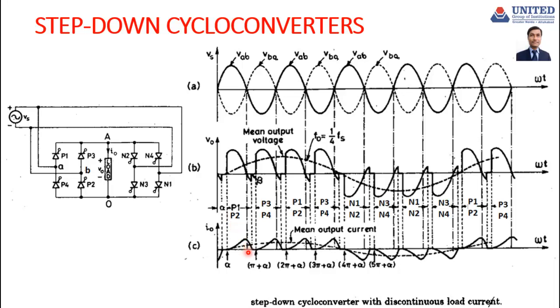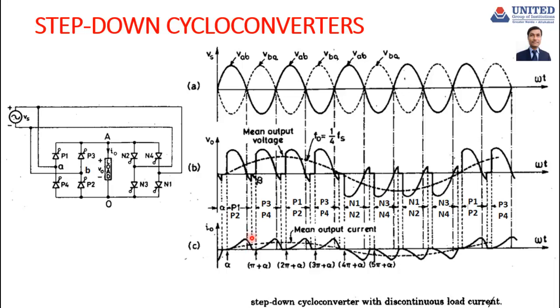During the period when omega t is between beta to pi plus alpha, the load current is 0 and it becomes discontinuous.